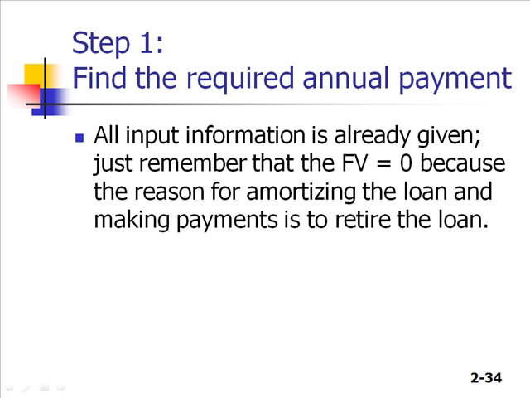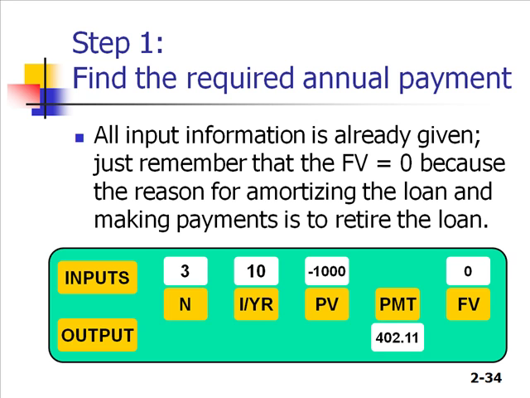So how do we figure out the amount that would have to be repaid? It's pretty simple, actually. We put in 3 for the number of periods. We put in 10 for the percentage interest rate per period. We put in 1,000 or negative 1,000 for the present value. That's the principal on the loan.